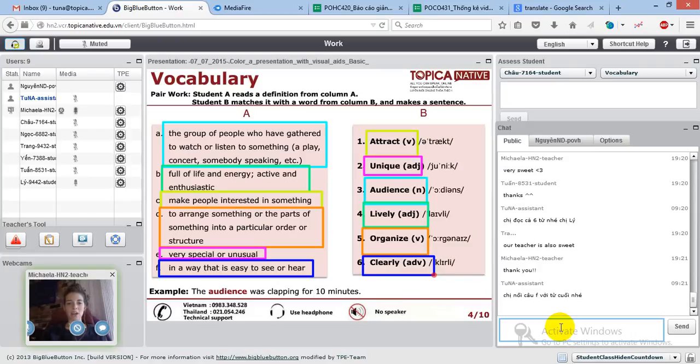Okay, so in a way that is easy to see or hear is clearly, right? It's an adverb. And can you use clearly in a sentence for us, Lee?